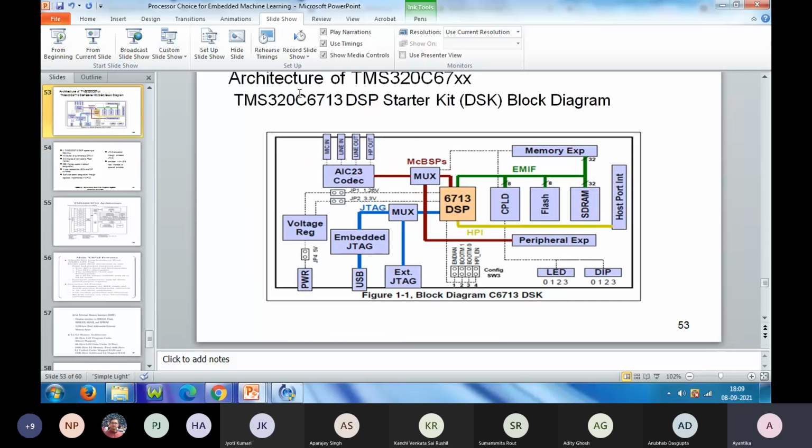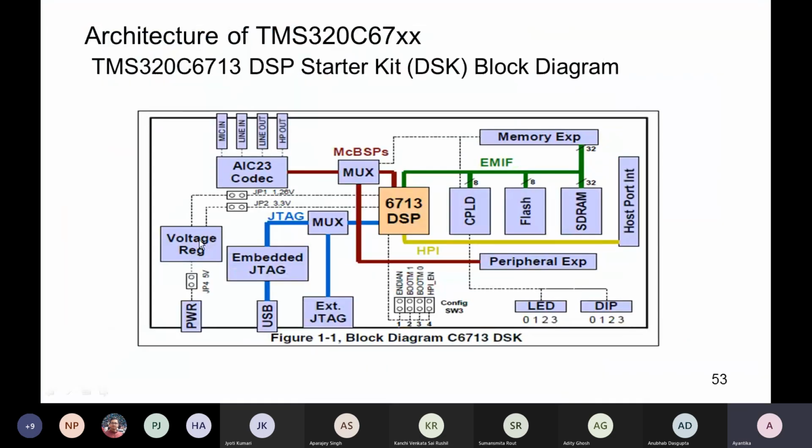So far, we have talked about so many things, how they are arranged and how they look. These are the basic components of a DSP processor. But we will not be talking much about the DSP processor. We will be mostly focusing on machine learning algorithms. There are many blocks you can see that I have skipped.